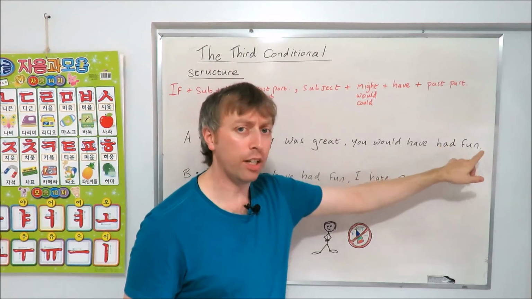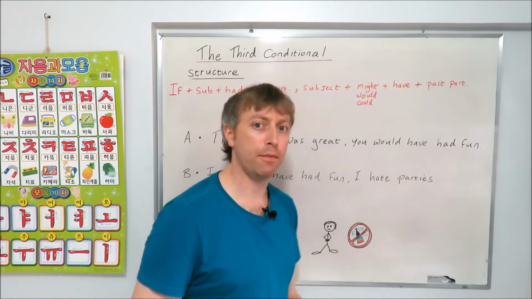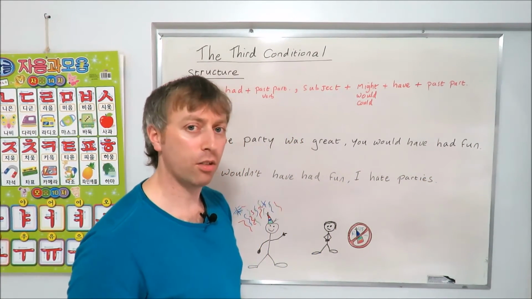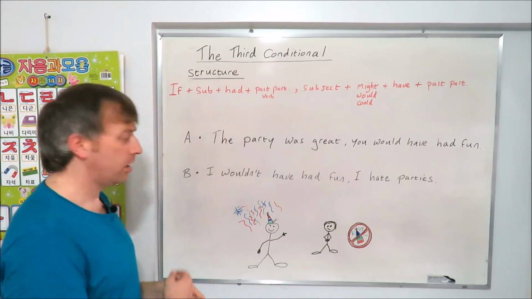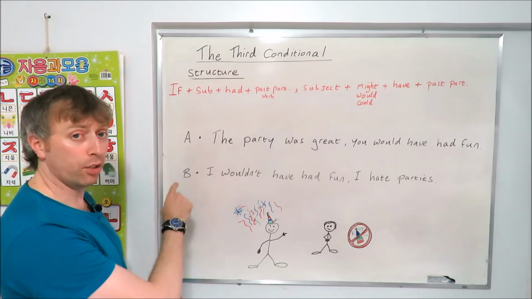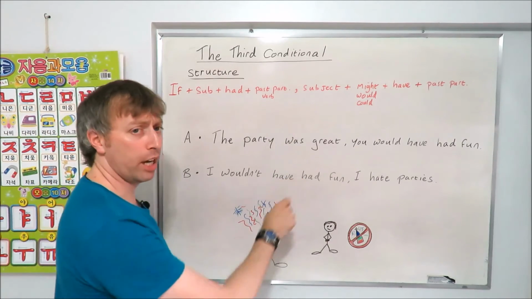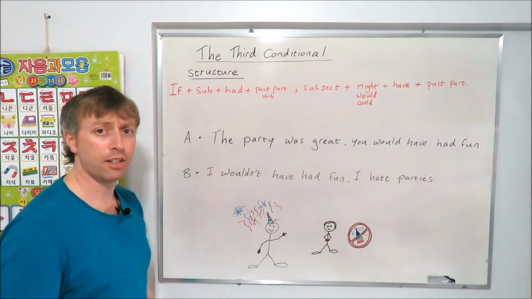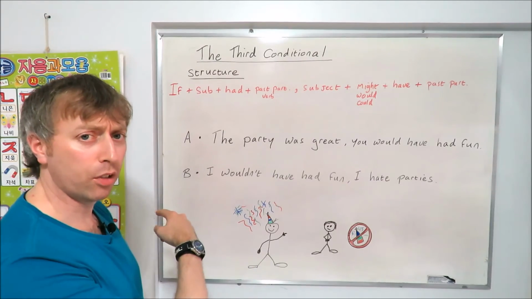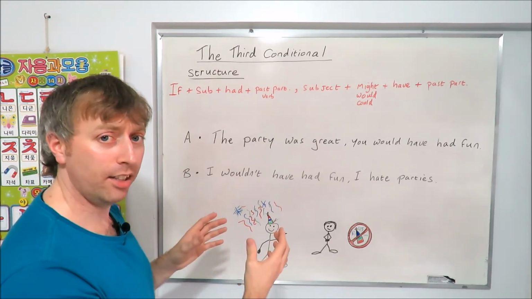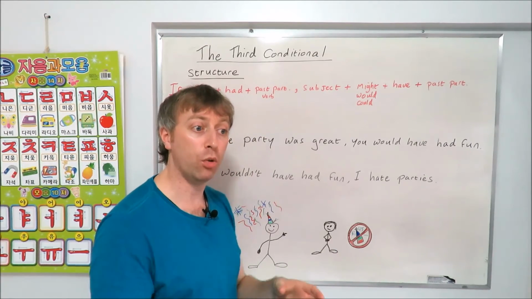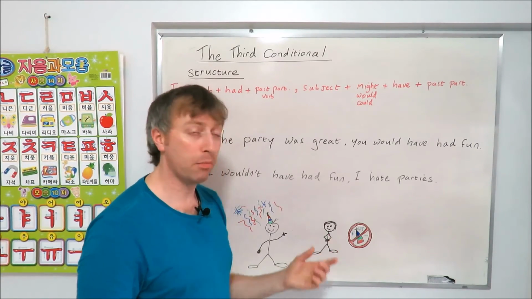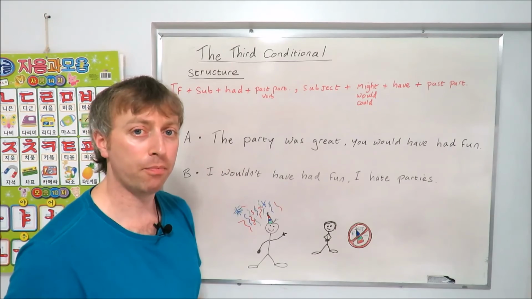You would have had fun if you had been there. So it's there. It's just in the background. If I had gone to the party, I wouldn't have had fun. I hate parties. So the if clause is still there in our minds. We know what we mean. We know what the if is. So if it's implied, it's acceptable.